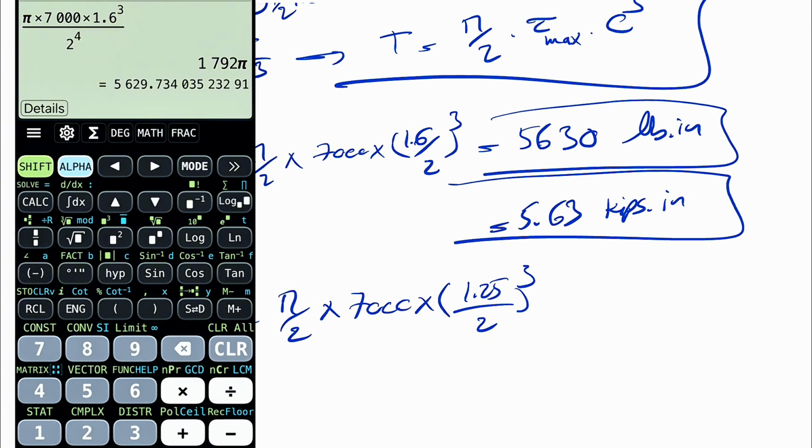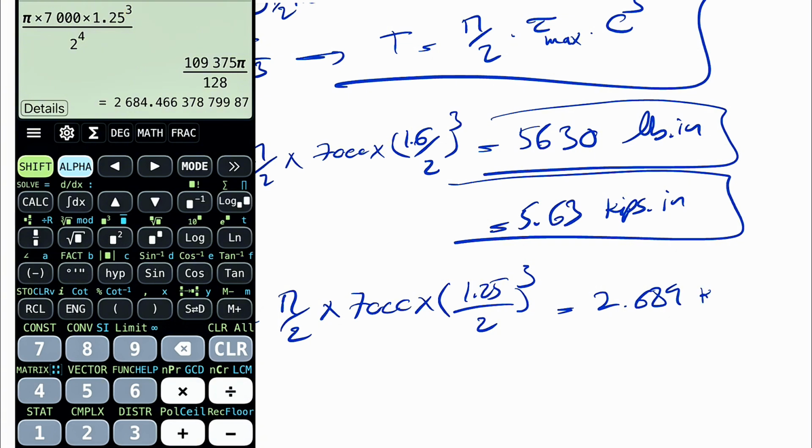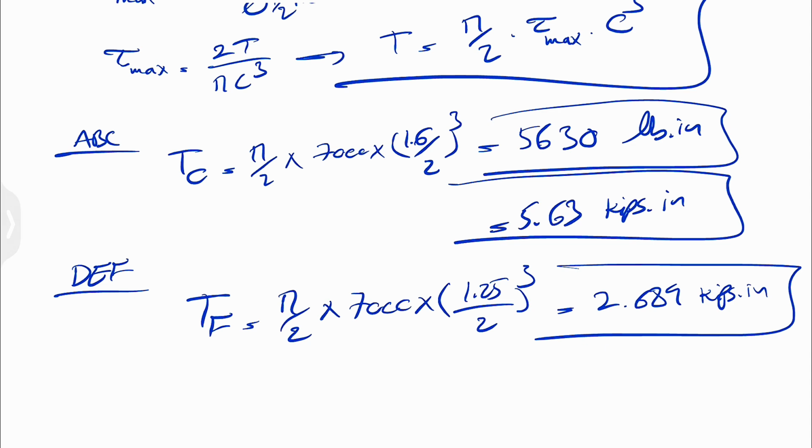Here, all we need to change is this 1.25, and that's going to give us 2.684 kip inch, or 2,684 pound inch. So that's what we found based on the elastic torsion formula.